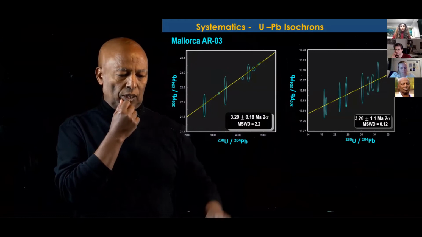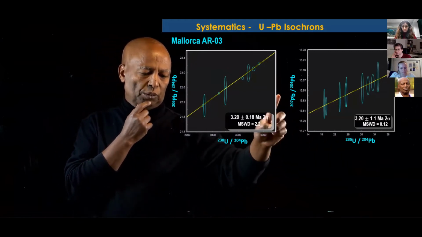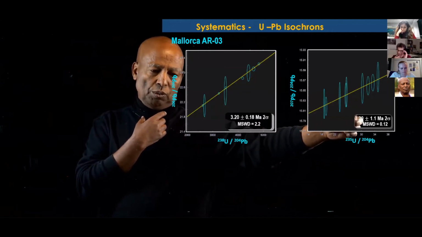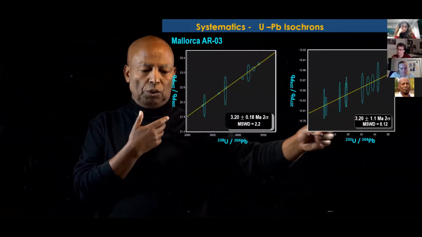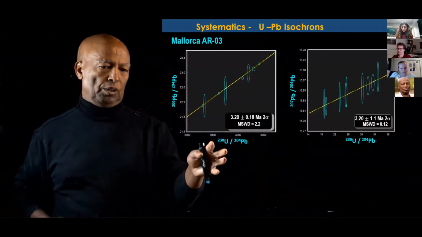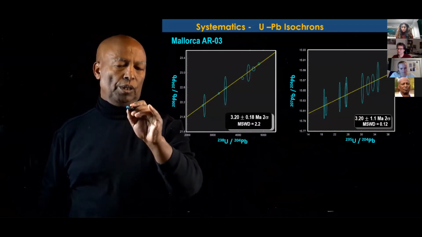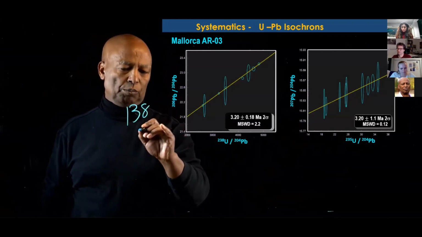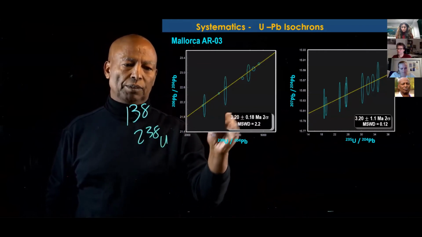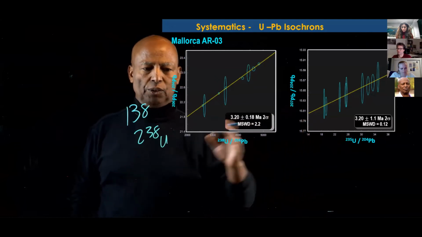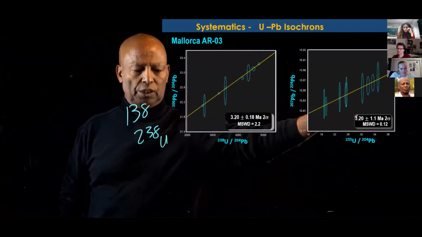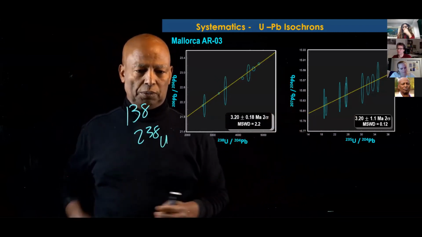And the 235-207 system also gives a concordant age, even though with about 5 times more error, because for every 138 atoms of 238, you only have one atom of 235, and therefore the amount of lead-207 is going to be smaller, and your analytical errors are going to be larger, even though they may be concordant.